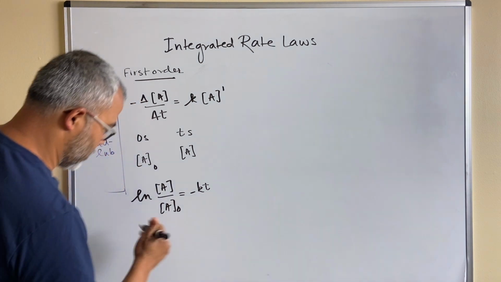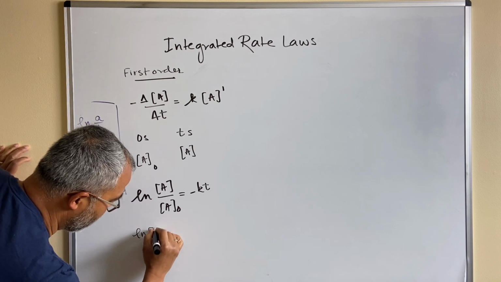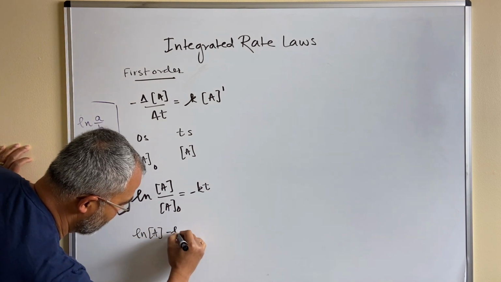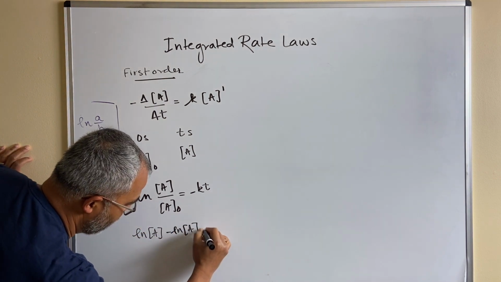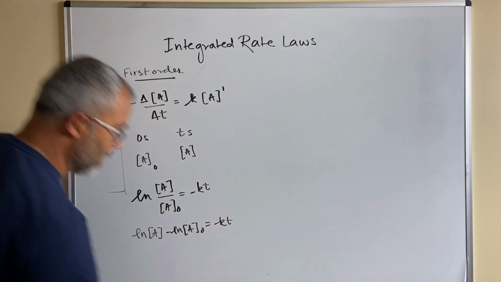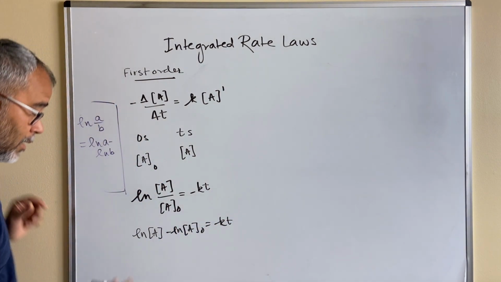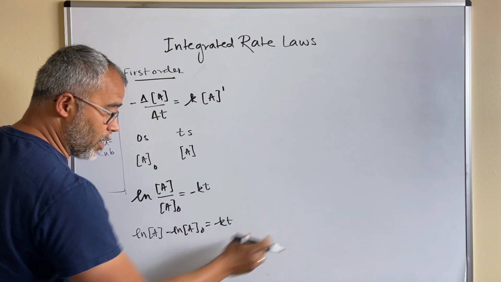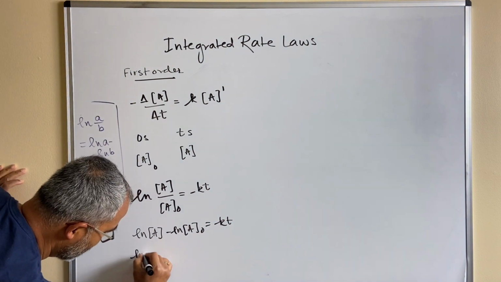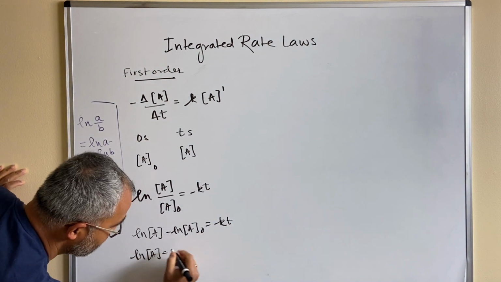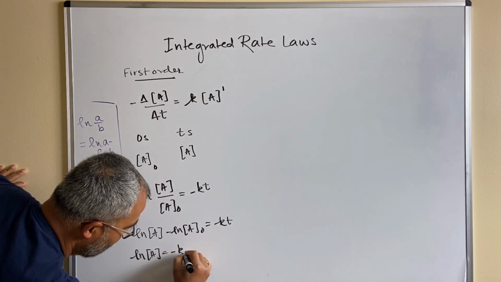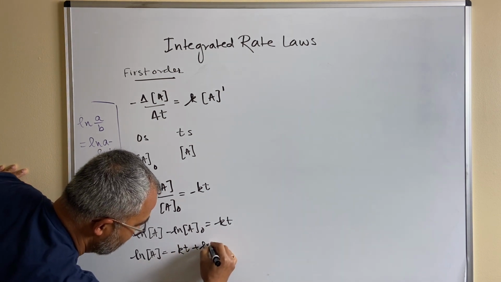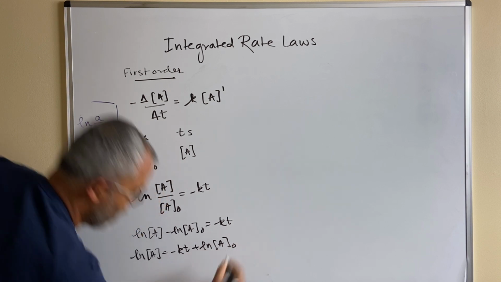So we'll apply that out here. So we get ln of A minus ln of A naught is equal to minus kt. Let's rearrange this. So let's take the A naught and put it this side. So we get ln of A is equal to minus kt plus ln of A naught.